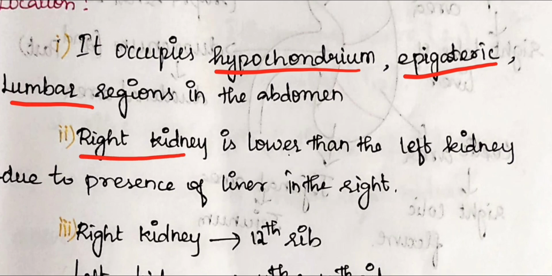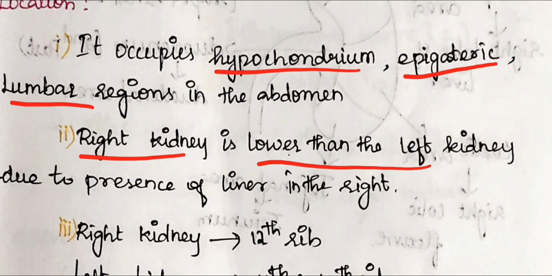The right kidney is lower than the left kidney because above the right kidney the liver is present. Because of the presence of the liver, the right kidney is somewhat lower, whereas the left kidney is somewhat higher than the right kidney.